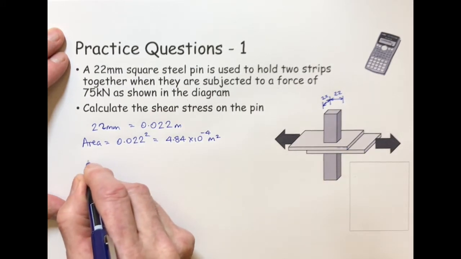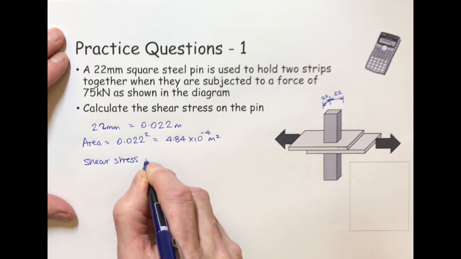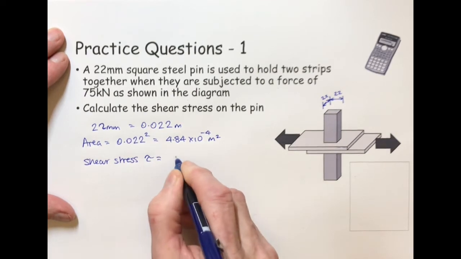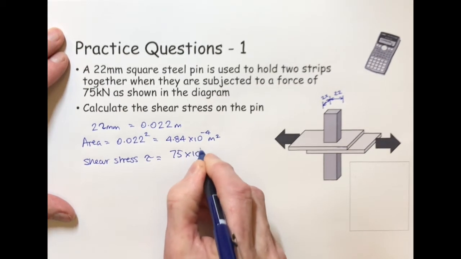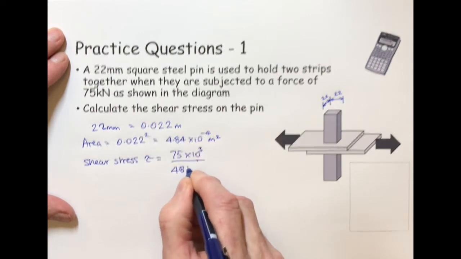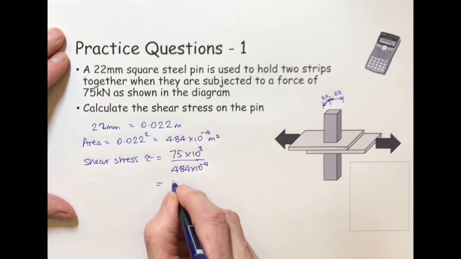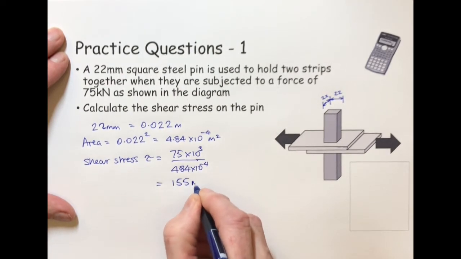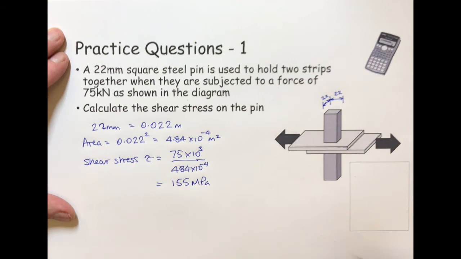So therefore shear stress, which is tau, as you may remember, equals the force, which in this case is 75 times 10 to the power of 3, because it's kilo, divided by the area, 4.84 times 10 to the power of minus 4, and that comes out to 155 megapascals, or mega newtons per metre squared. And that's all we need to do. Nice and clear, showing all the steps, and that should be fairly straightforward.